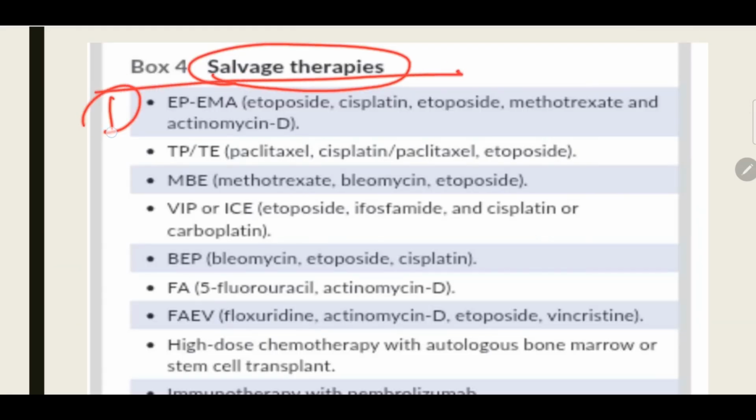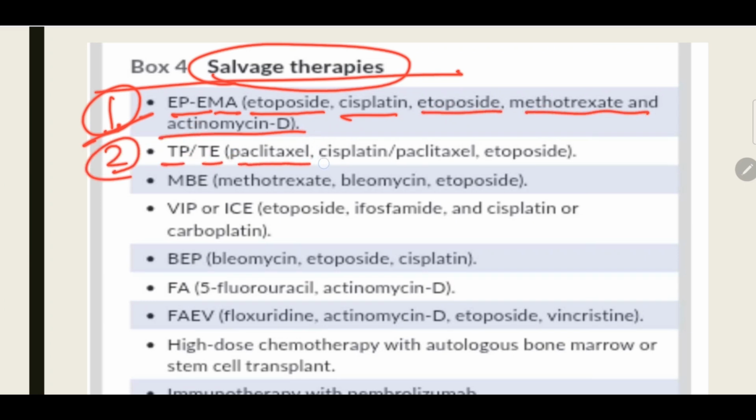Salvage therapies. Instead of EMA-CO, you can give EP-EMA, that is etoposide, cisplatin, etoposide, methotrexate and actinomycin D. Second is TP or TE, that is paclitaxel, cisplatin or paclitaxel, etoposide. Third one is MBE, methotrexate, bleomycin, etoposide.